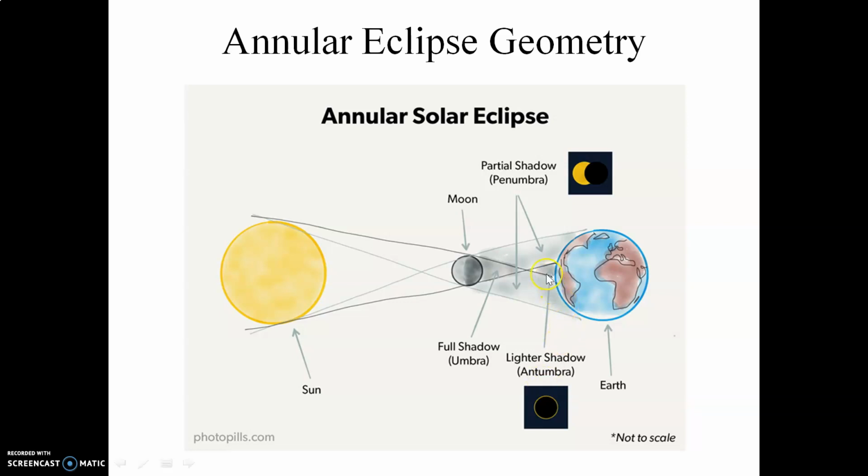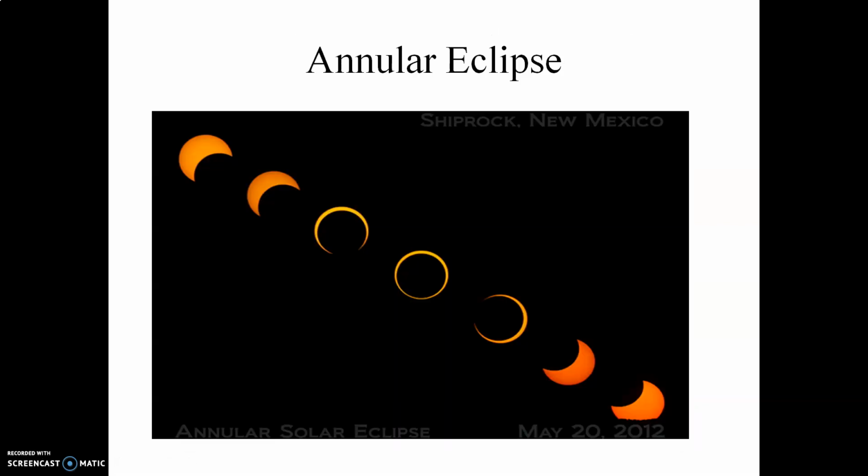Take a look at the difference here in the geometry of the umbra that is created when the moon is a little bit further away in its orbit than during an ordinary total solar eclipse. Notice that the umbra itself, the bottom portion of it, is actually above the surface of the Earth. So therefore, if you were standing right here on the surface of the Earth, this is then what you would see.